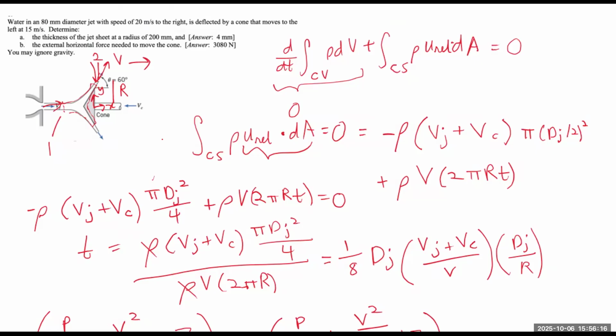But even if we did not use a non-inertial reference frame for part A, the control volume would still be moving. This is an important distinction to make, and I'm going to make it right now.